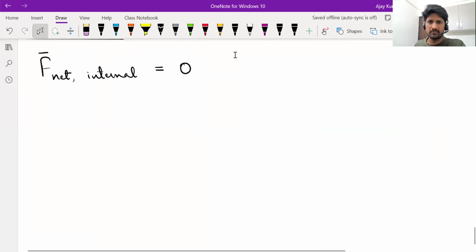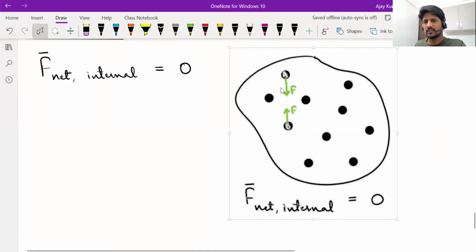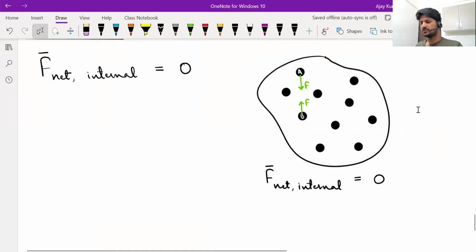One part of the system exerting a force on another part of the same system. If A exerts a force on B, then B will also exert an equal and opposite reaction on A. And those two will cancel if you look at the entire system. That way, the net internal force on a system is always 0.